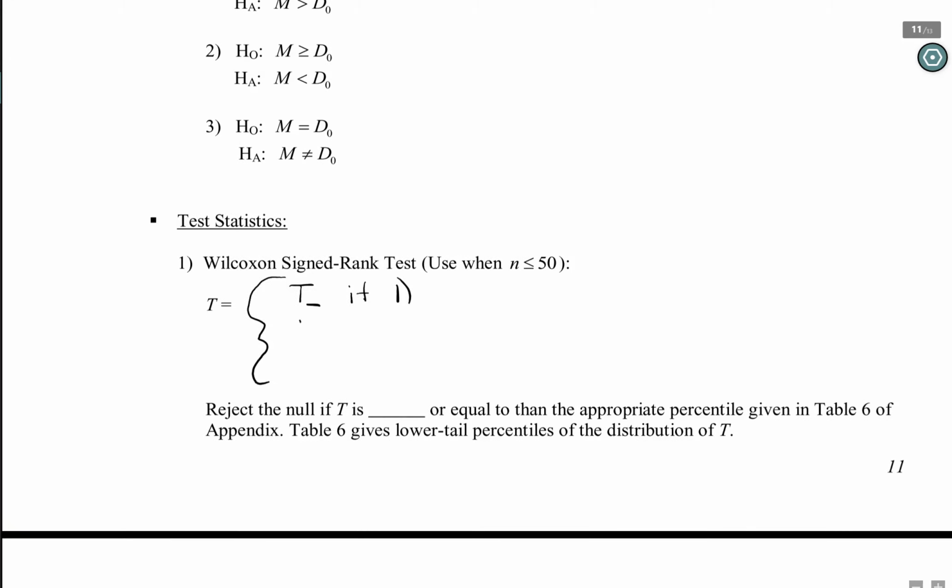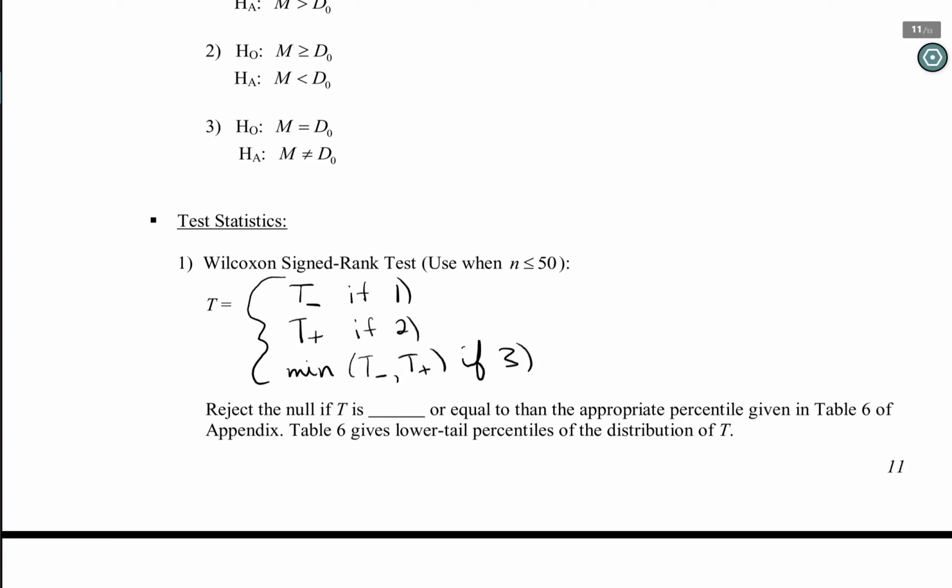It's T plus if we're dealing with a left tail test, and it's the minimum of T minus comma T plus if we're dealing with a two-tailed test.